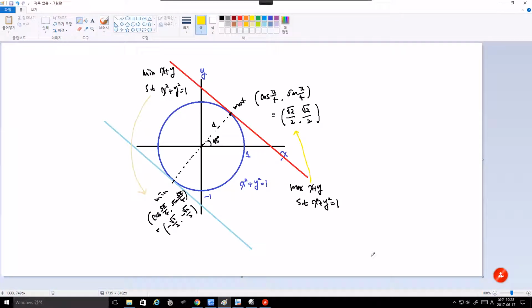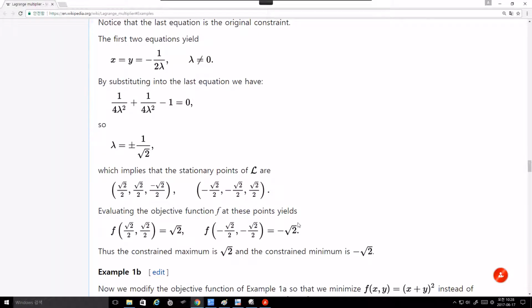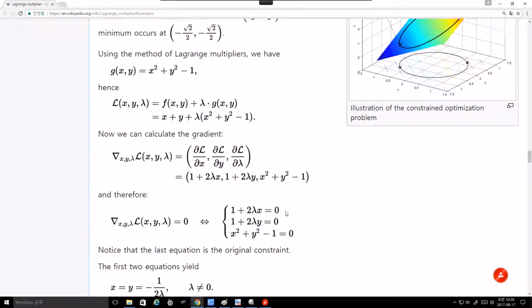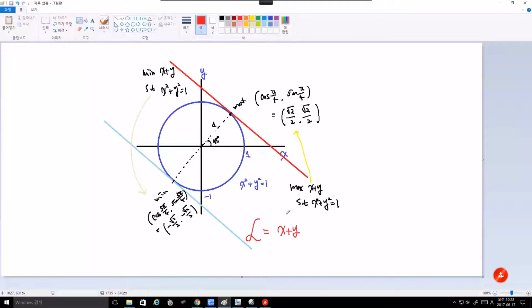And so here, the Lagrangian, let's find the red. We said the Lagrangian is x plus y, and if we use the same notation as Wikipedia, it is plus lambda times (x squared plus y squared minus 1).